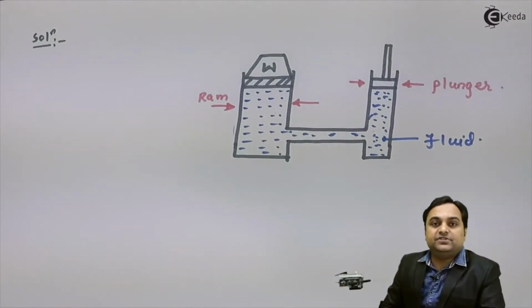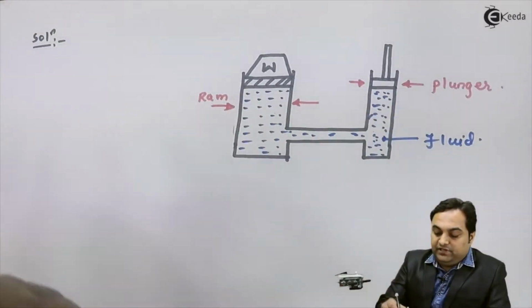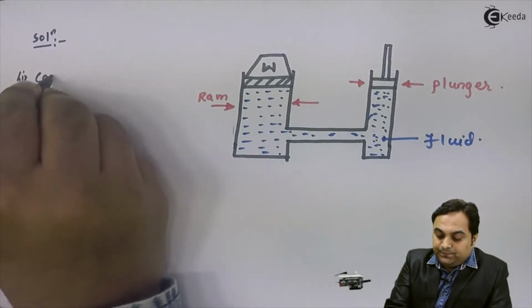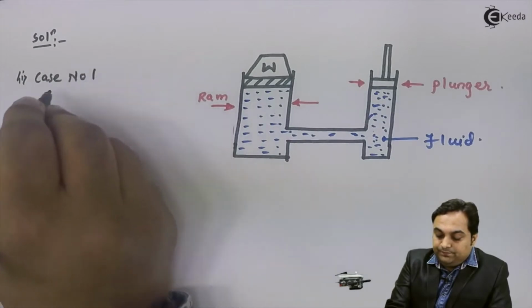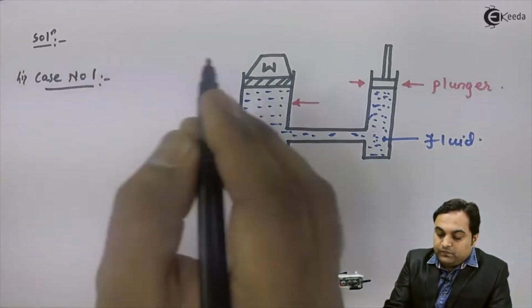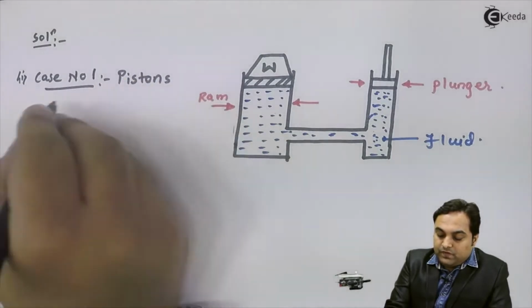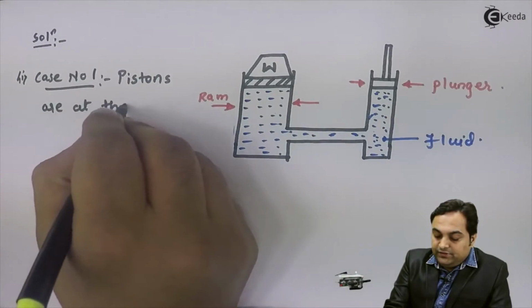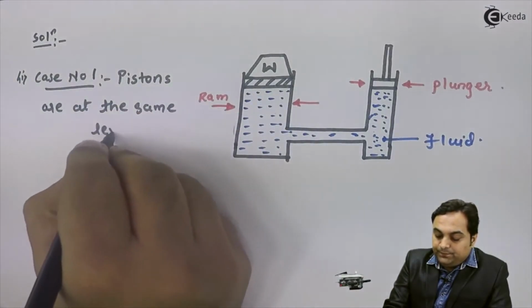At first, the pistons are at the same level. So here I am keeping the pistons at the same level. I'll write down the first case. Case number 1: pistons are at the same level.